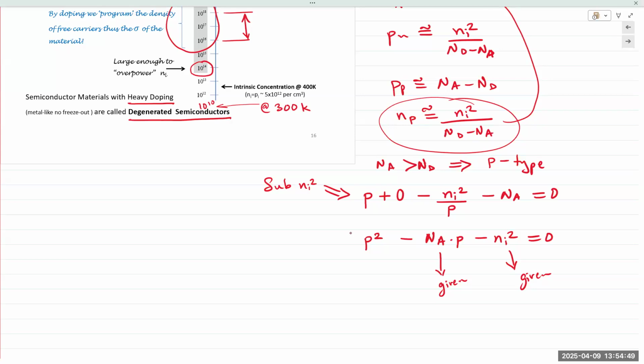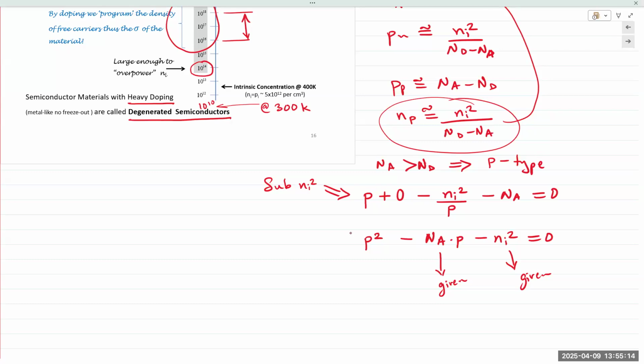But did that make sense to everyone? You had the charge neutrality equation, and then we have the Ni squared is equal to NP equation, the law of mass action. We just plug that into that equation, obtain a quadratic equation, solve it, and that's the answer.